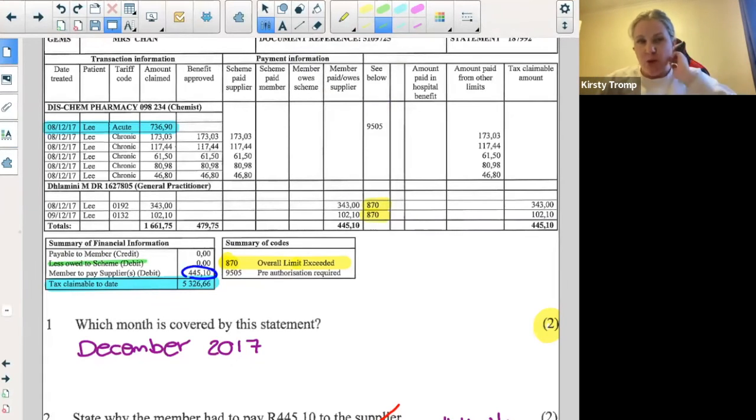So what does it mean when we've got a debit in this statement?